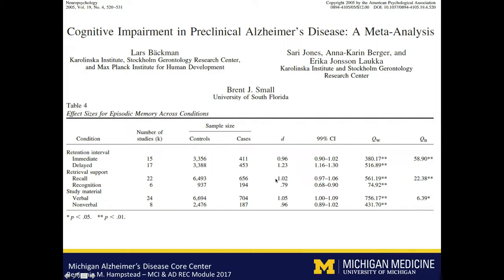These deficits are relatively more evident when we're using recall formats, so when you ask a patient to recall what you just told them, as opposed to giving them multiple choices to recognize if they had seen the information before. But again, this is a pretty large effect size, suggesting that even recognition is by no means fully intact.